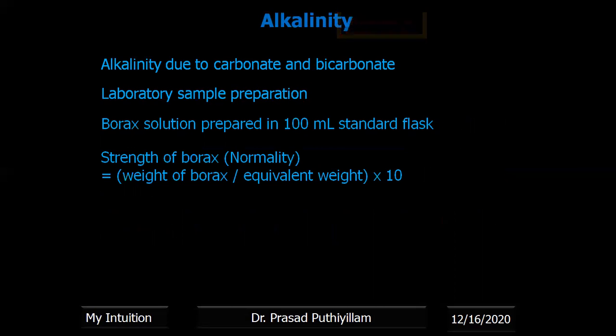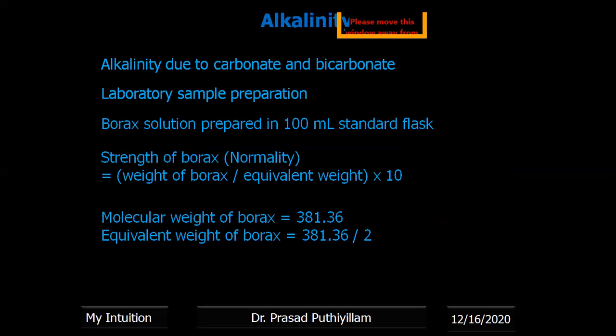Since we prepared only 100 ml, we calculate normality in terms of liter, therefore multiplied by 10. The molecular weight of borax is 381.36. Therefore, the equivalent weight of borax is 381.36 divided by 2, because 2 Na+ is there.